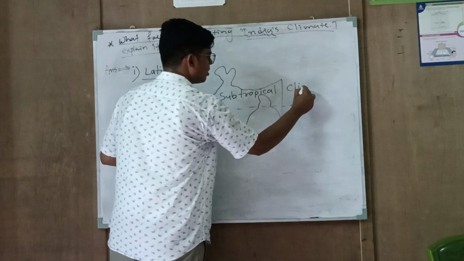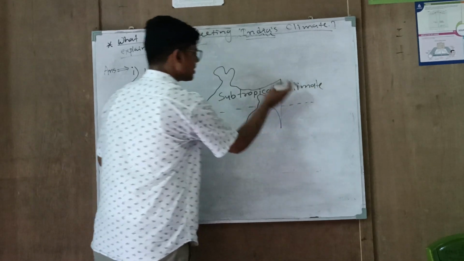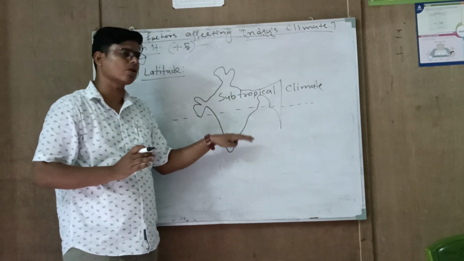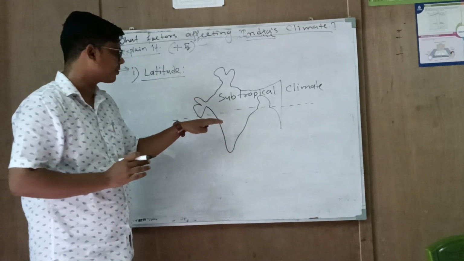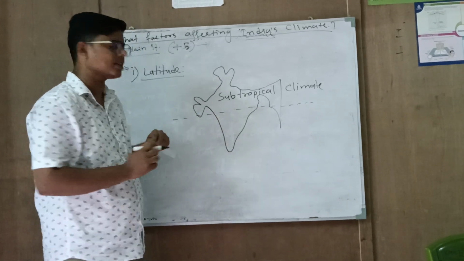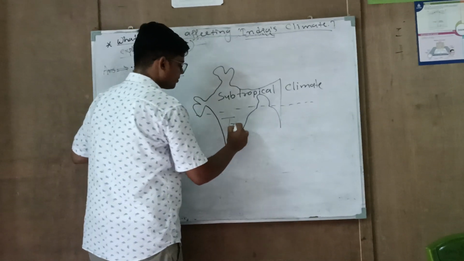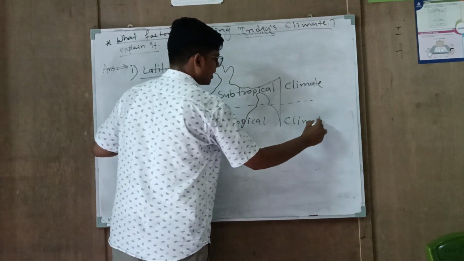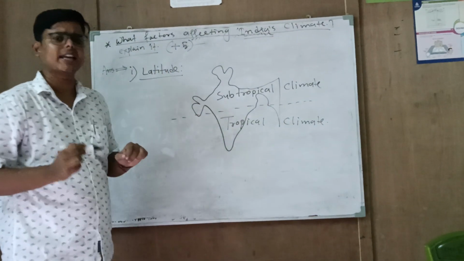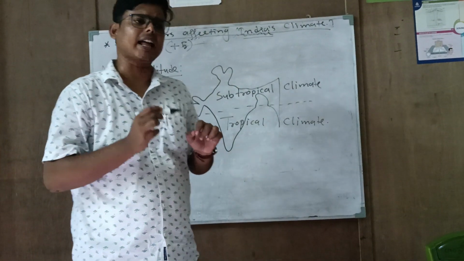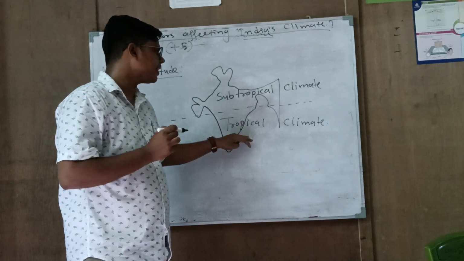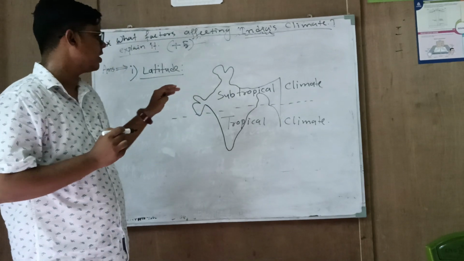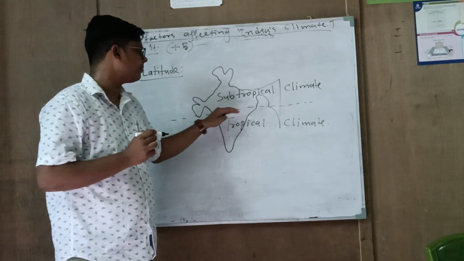So north of the Tropic of Cancer, India faces a subtropical climate, and south of the Tropic of Cancer, most of southern India faces a tropical climate. Therefore, we can say that the Indian climate is tropical as well as subtropical because of the presence of the Tropic of Cancer.